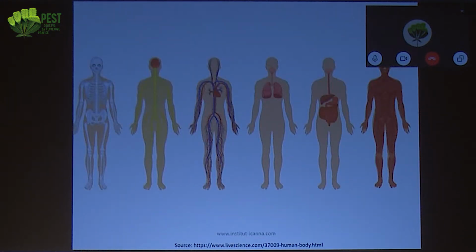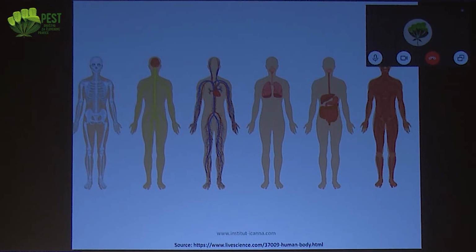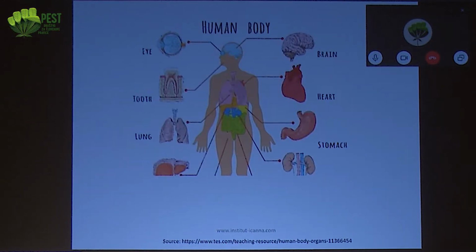Now, mitochondria are present in all cell types throughout our body, and our body is quite an interesting construct. We have different kinds of systems working in our body, from our bones to our neurons, from the lymph system to the cardiovascular system, and of course, a very different set of organs.